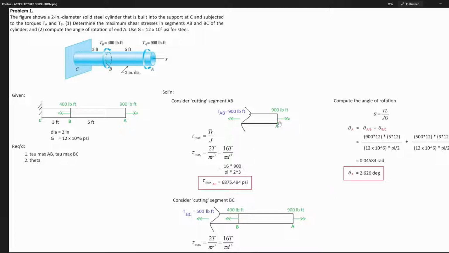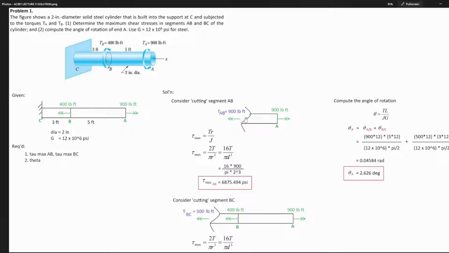You have at A a 900 torque to the right. So for our figure to be in equilibrium, since the body is in equilibrium, this should also be in equilibrium. Something must balance the 900 pound-foot. How is it balanced? Of course, you need a 900 to the left also. So, this is now the torque in AB.